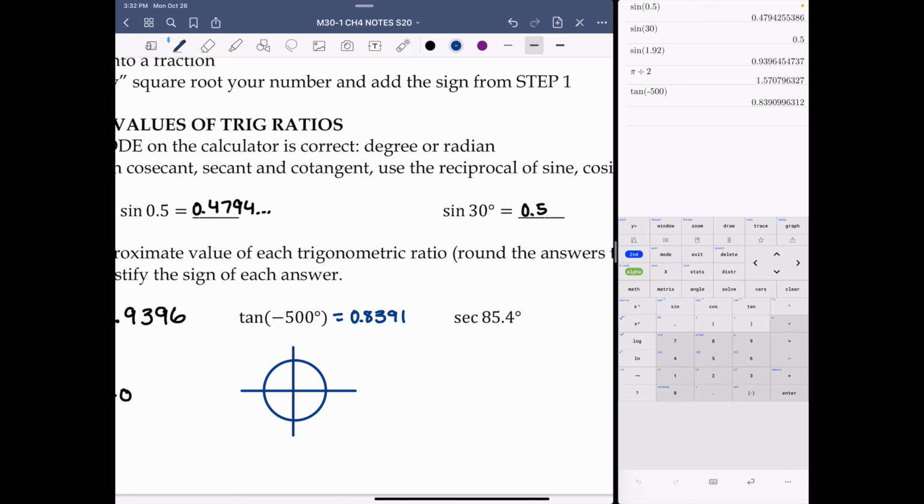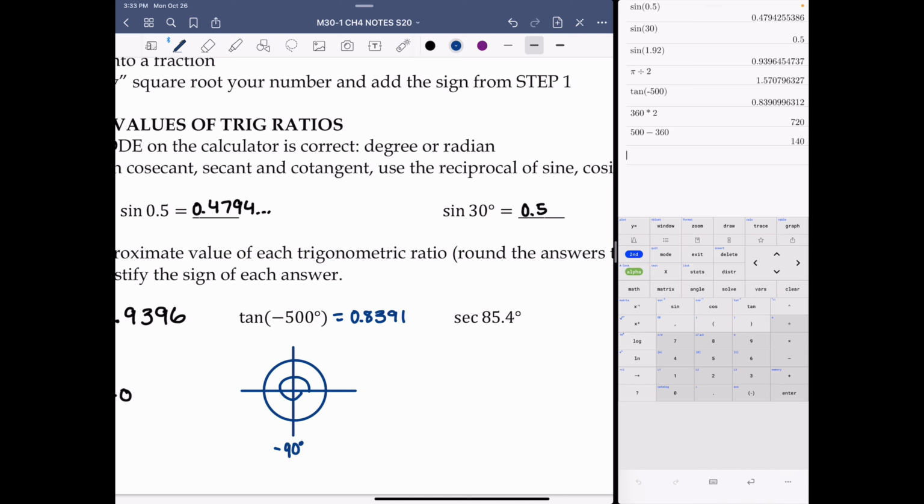Negative 500, so negative 360 would be once around that way. Another 360 would be too much; 360 times 2 is 720, too much. If we take 500 and minus 360, we would get 140. So we need to go another 140 around clockwise. Going clockwise, negative y-axis would be negative 90 degrees.